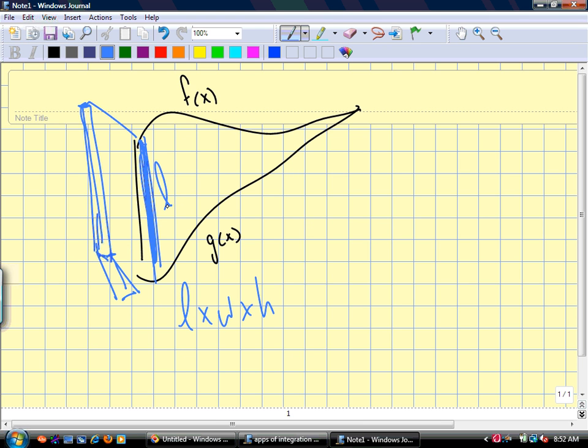What's the length? Say that the other way around and you're right. Yeah, f of x minus g of x, kind of, but we want to just do it this way, and then we'll do what you're suggesting. Width, this distance.